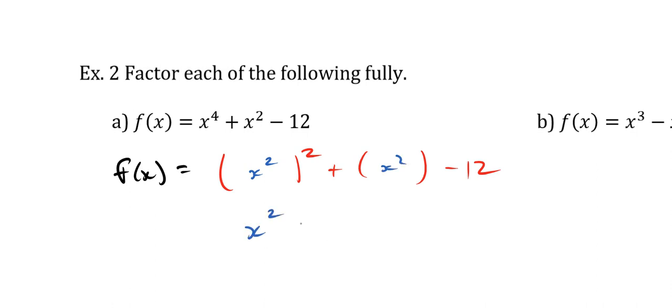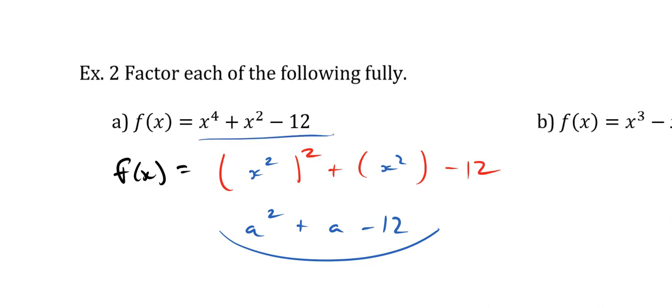So it's like x squared plus x minus 12. Or maybe I should use a's or something, right? But it's the same kind of idea. It's in this form. Is this something that you know how to factor? I hope so. That's a simple trinomial, and it's definitely factorable, which means we can use that same strategy to factor that, and that's what we're going to do right now.